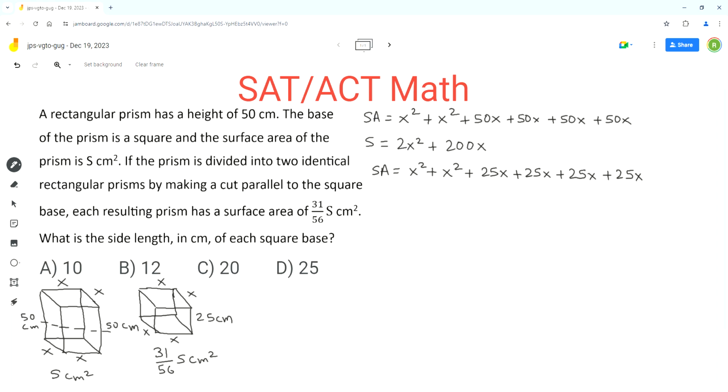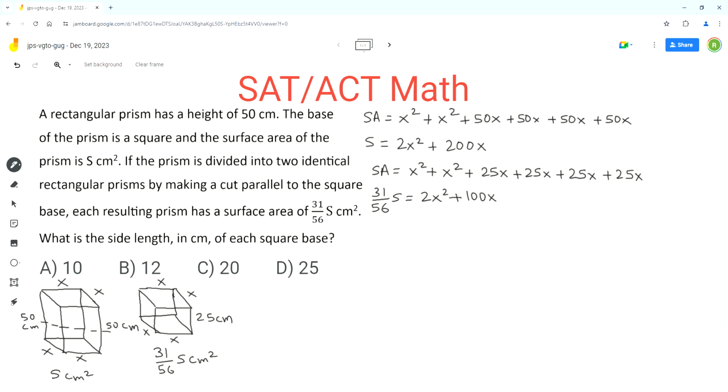Now we can combine like terms. We are given that the surface area of the smaller prism is 31 over 56 S, so we can sub that in on the left side of this equation. We can combine the like terms on the right side. So this is the equation for the surface area of the smaller prism.